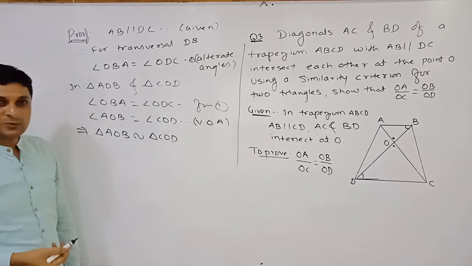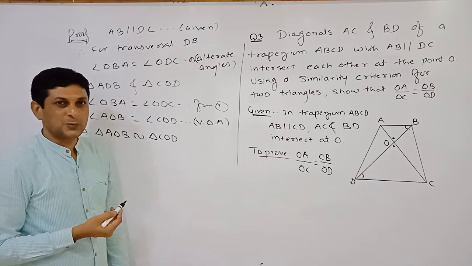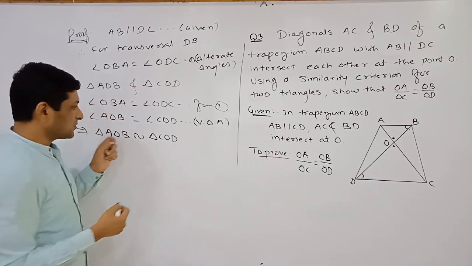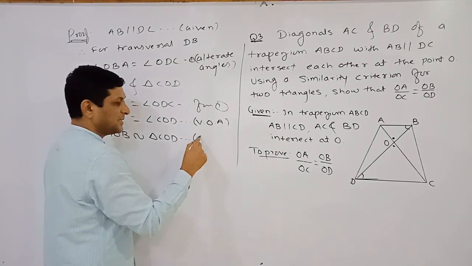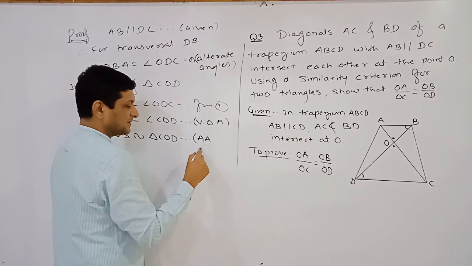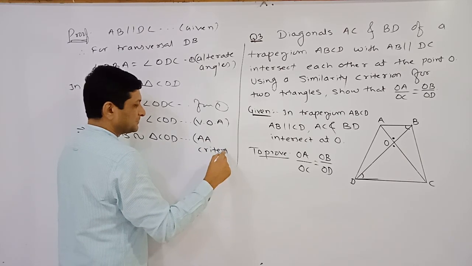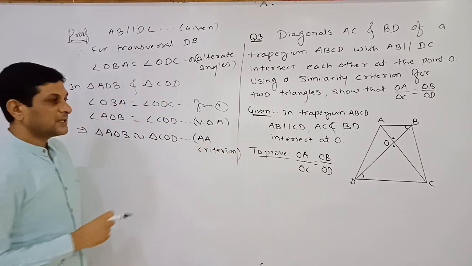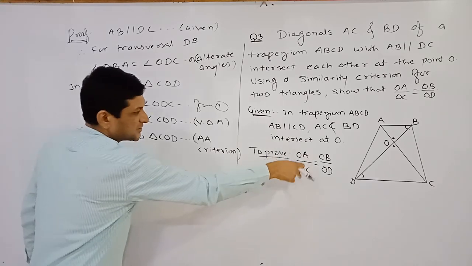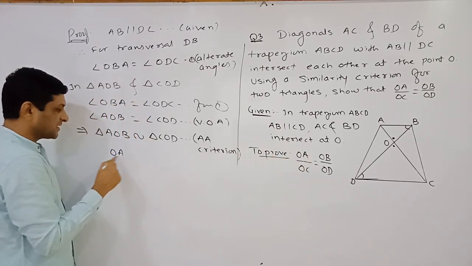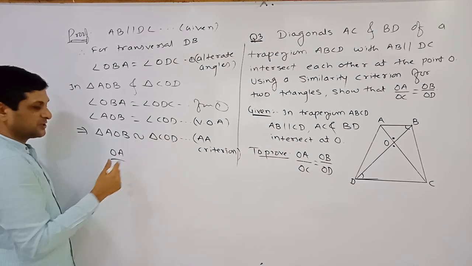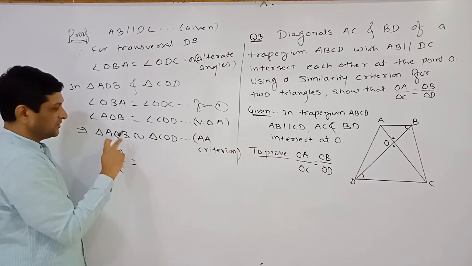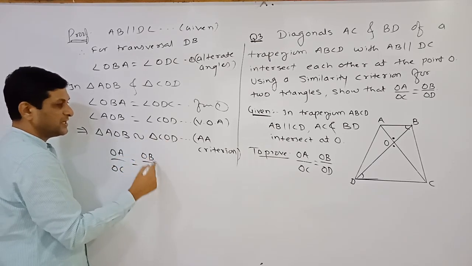And we know that if two triangles are similar, corresponding sides are in proportion. These two triangles are similar by which criterion? AA criterion. Okay. Now corresponding sides. So which are the corresponding sides? OA over OC is equal to OB over OD. The corresponding side of OA is OC, and the corresponding side of OB is what here?